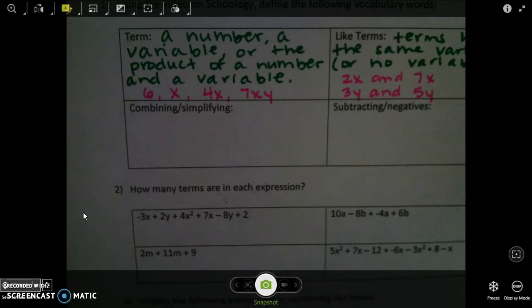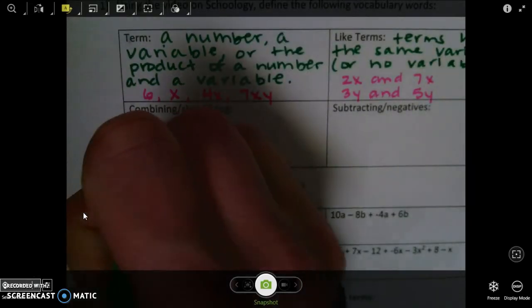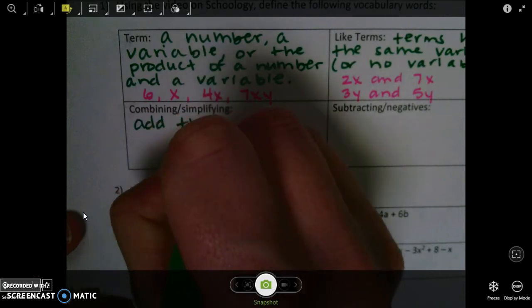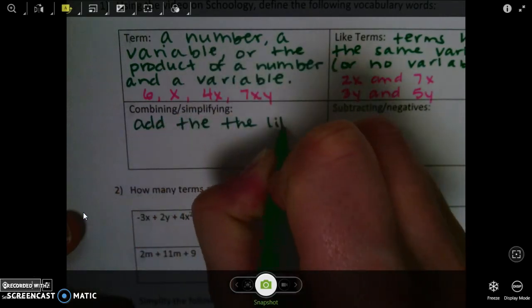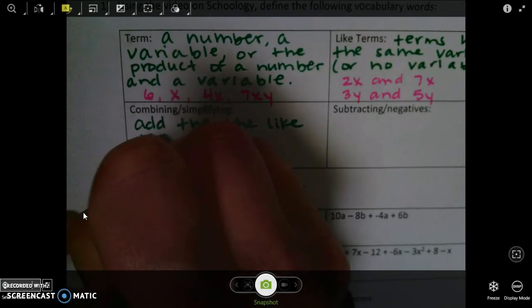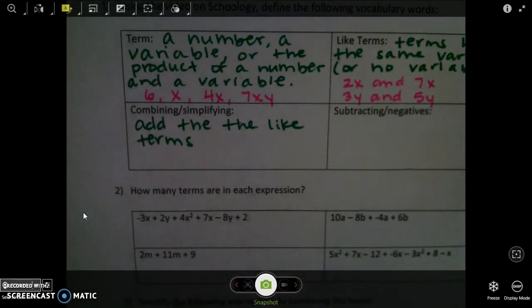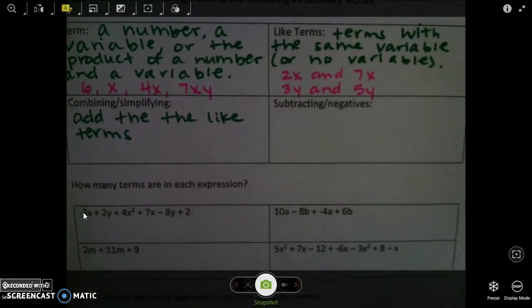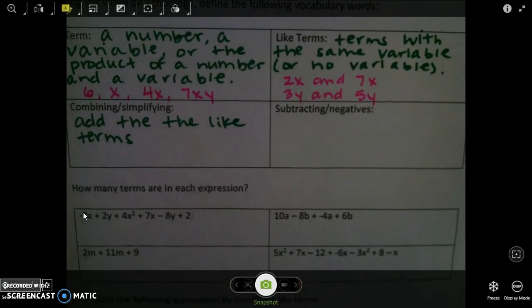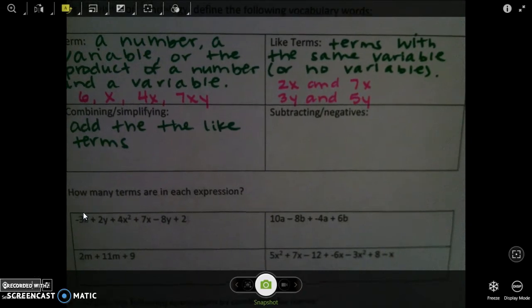The next word that we're going to define is actually two words that mean the same thing. When we're talking about combining like terms or simplifying expressions like this, that just means you have to add the like terms. And we'll do some examples of that down below in a minute. And then the next term, subtracting and negative, isn't really something that we're going to define, but kind of explains what you do when you see subtracting or negative signs.